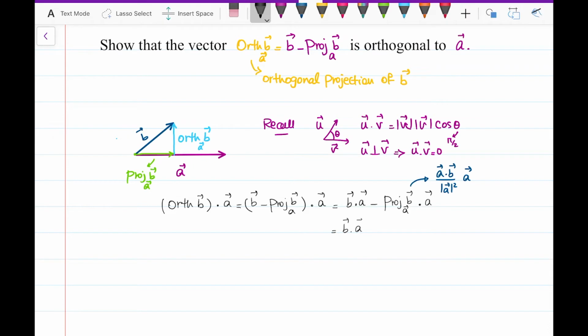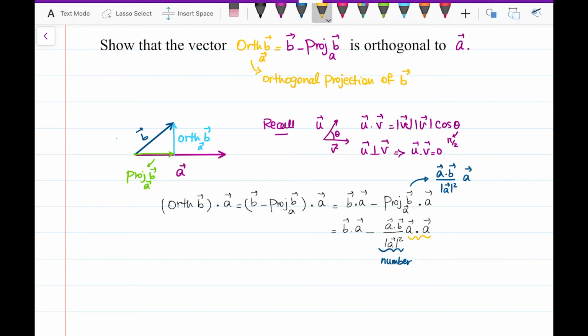So I'm gonna keep writing B dot A minus, I'm gonna replace the formula in here, the scalar times A and dot A. Okay, so this is a number in here.